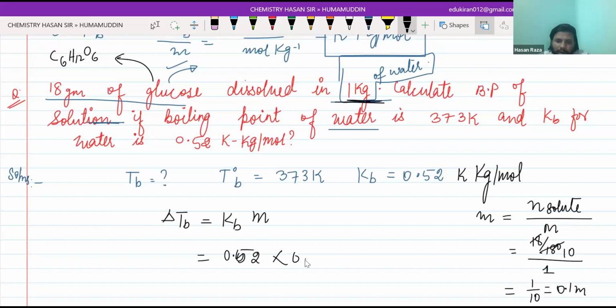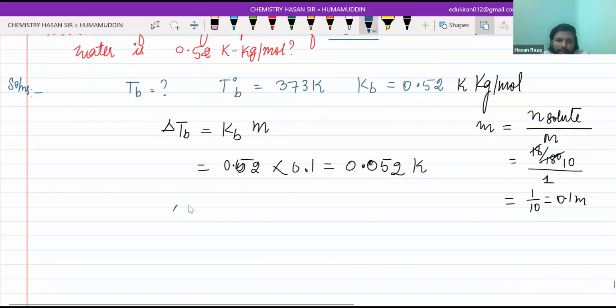Now, if you put the value of m, you will get the value of delta TB as 0.052. This is the value of delta TB, which will be in Kelvin, because it is the difference in temperature. Now, we know that delta TB is equal to the boiling point of solution minus the boiling point of pure solvent.